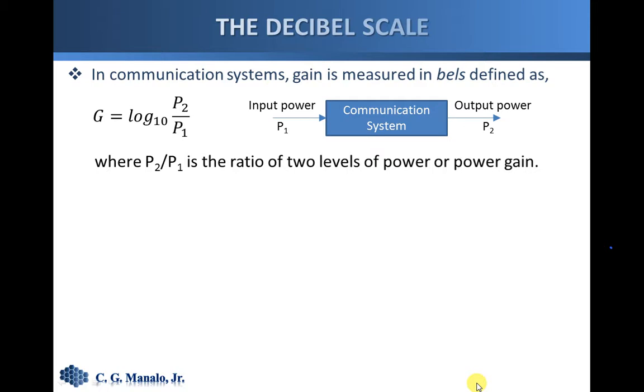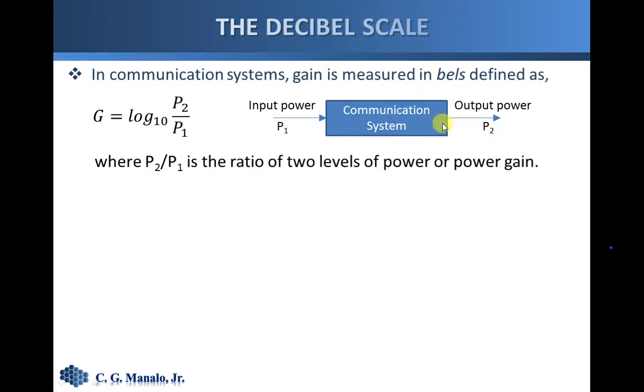Now in this video, we'll be making some changes on how we plot the transfer function. So before we jump into the discussion, let's first have a review on the topic of decibel scale. Decibel scale is usually used in communication systems.